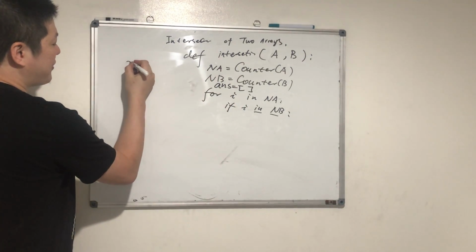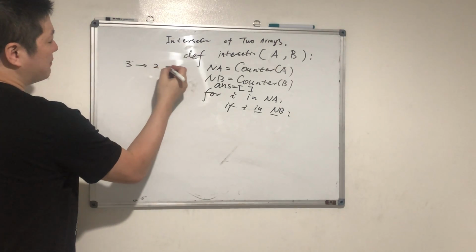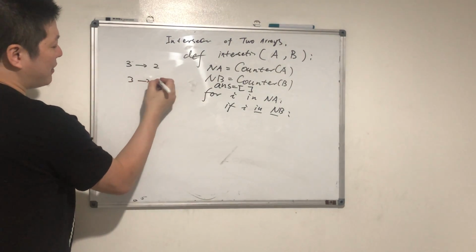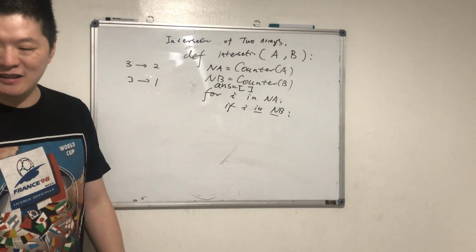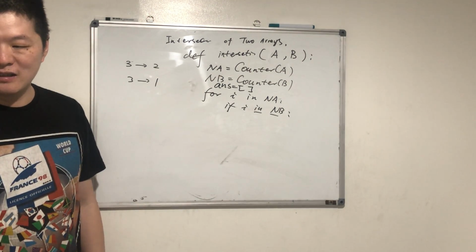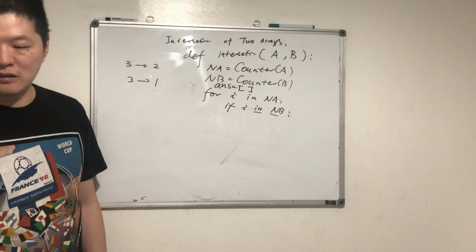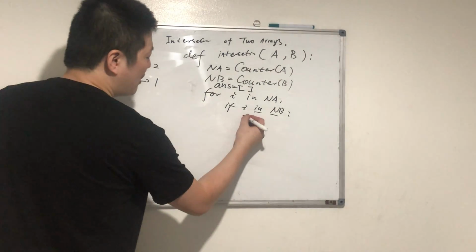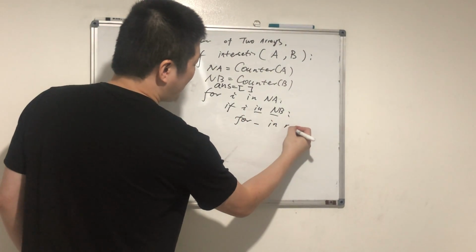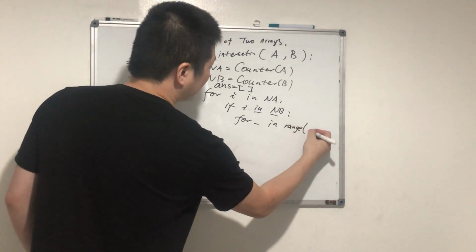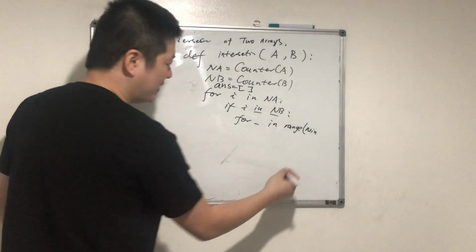If 3 appears 2 times in the first array and 1 time in the second array, how many times do we need to add 3 to the answer? The minimum. Okay, so for, let's say, for in range, we want to put in the minimum, so we call the min function.